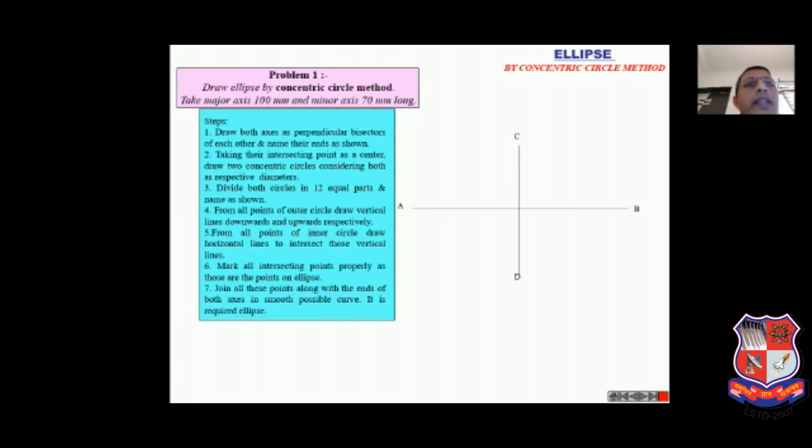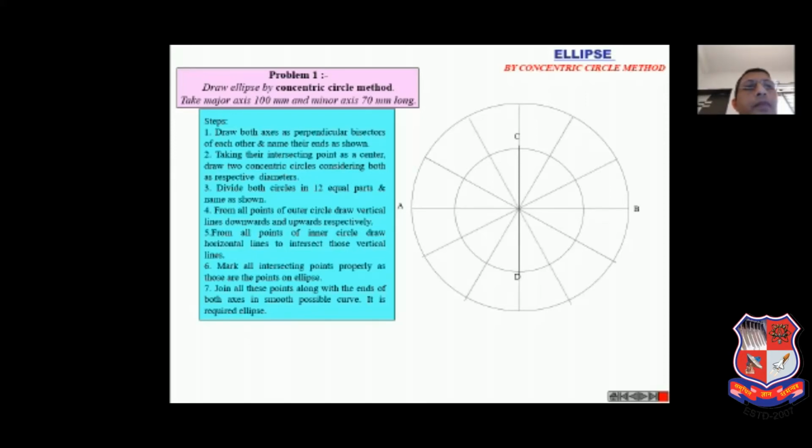Now taking their intersecting point as the center, draw two concentric circles considering both as respective diameters. Now divide both these circles into 12 equal parts and give names to both the circles.